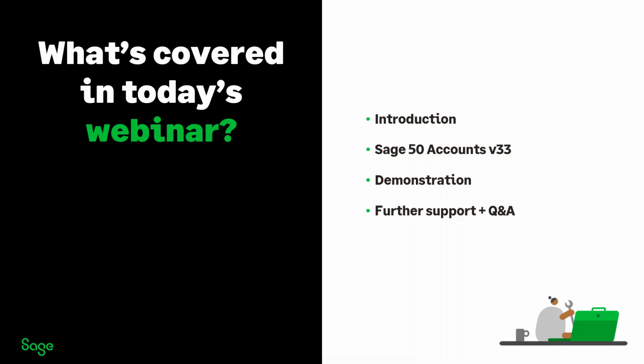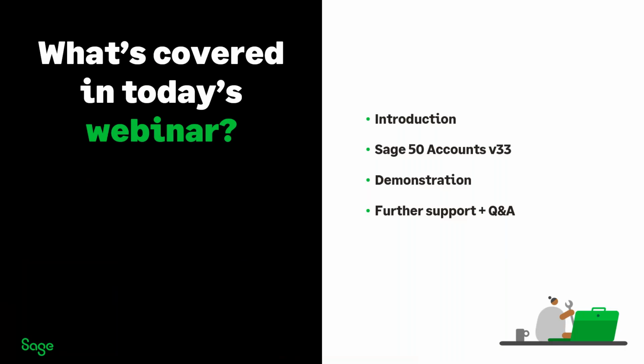Then we're going to get stuck into the demonstration itself for the VAT return. Right at the end, I'll explain more about the additional support and pick up on any outstanding questions. Keep your questions coming. We're joined today by Abby and Laura, who will be in the background to support you and answer any questions you might have.